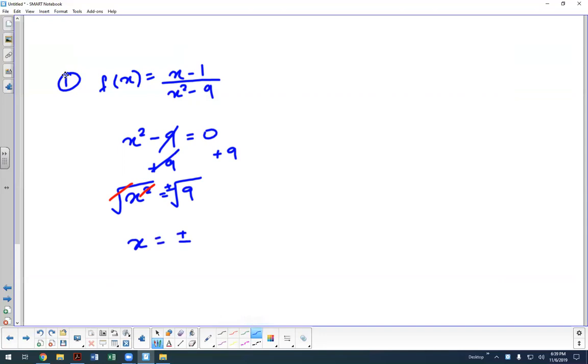So there's actually 2 numbers that are making our denominator 0, because think about it. If I put positive 3 in there, 3 times 3 is 9, and 9 minus 9 is 0. You can try the same thing with negative 3. If we replace our x with negative 3, negative times negative becomes positive, 9 minus 9 is 0.